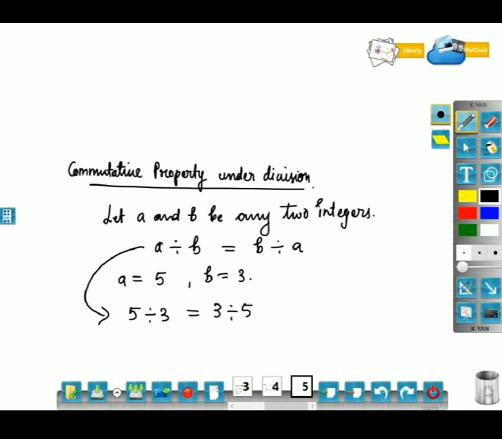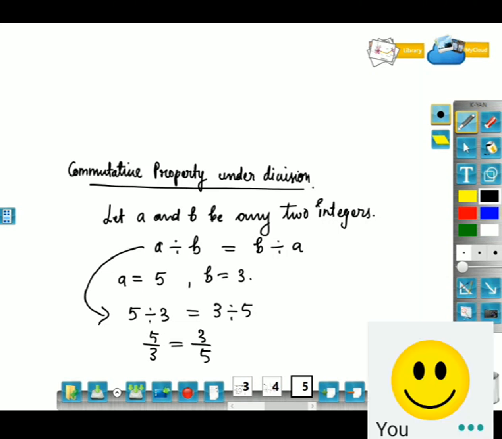Are they equal here? Obviously they are not equal. 5 divided by 3 has a different value, and 3 divided by 5 has a different value.